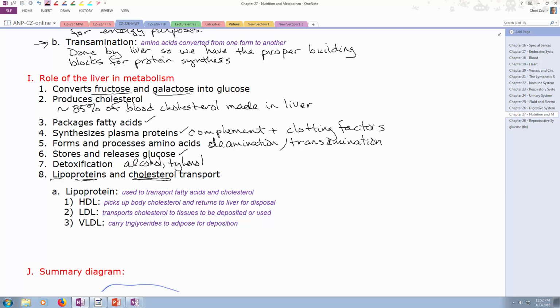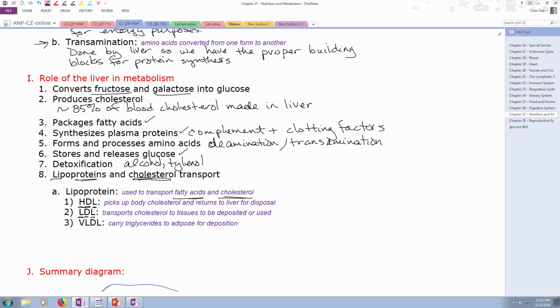So lipoprotein is used to transport our fatty acids and cholesterol in our bloodstream, and we have 3 of them that are measured on a relatively regular basis in our society. HDL, it stands for high density lipoprotein. LDL stands for low density lipoprotein. So of these 2, one floats better than the other.